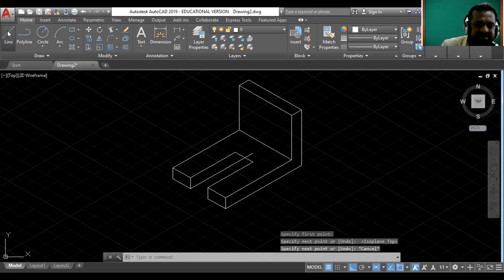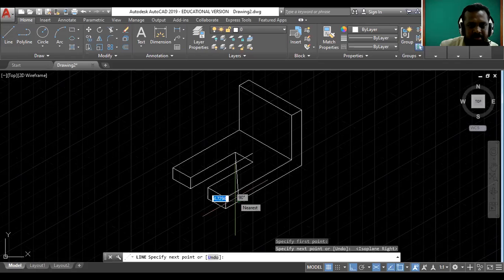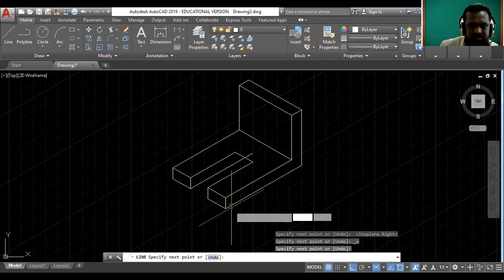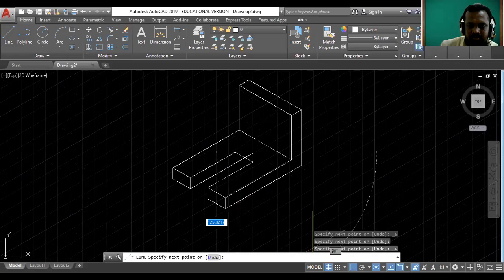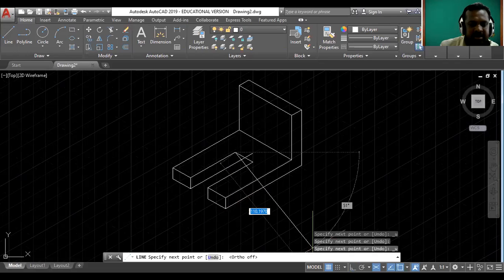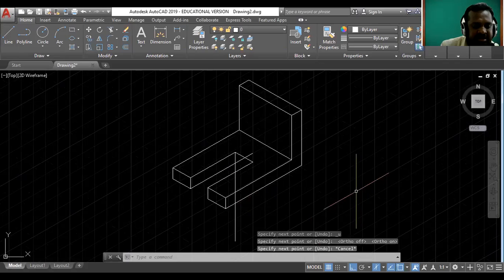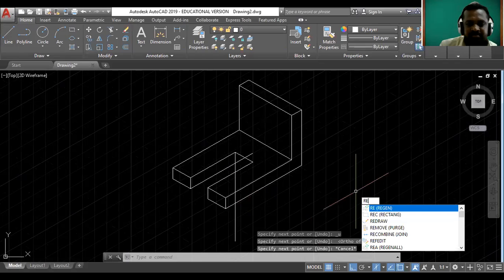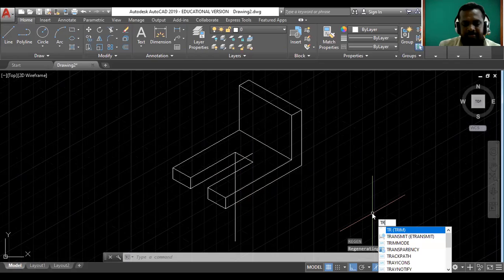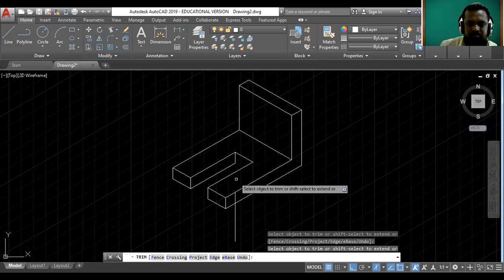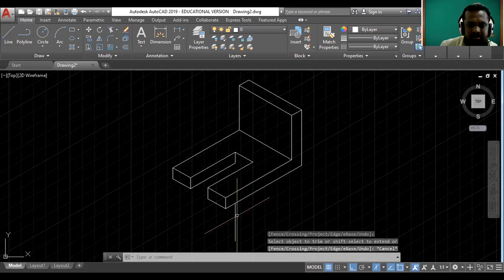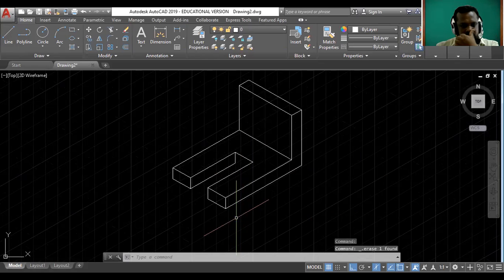Again, take the line here, and from this point you can draw one vertical line here. Okay, and then trim the unwanted portion. TR double enter.